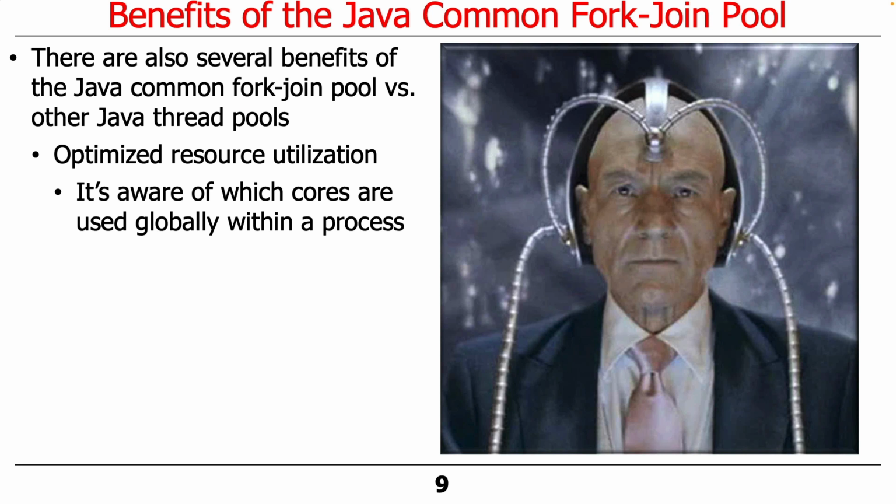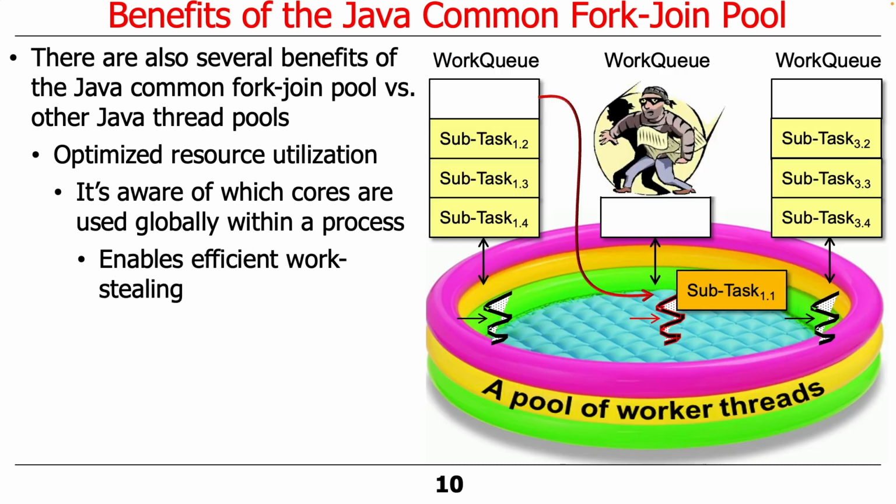Very much like how Professor X from the X-Men, which should be the X-People because they're not all men, but whatever, has this thing called Cerebro, where he puts the helmet on and he can see everything throughout the world. That's kind of the way the common fork join pool works, except it's not quite as smart as Professor X.